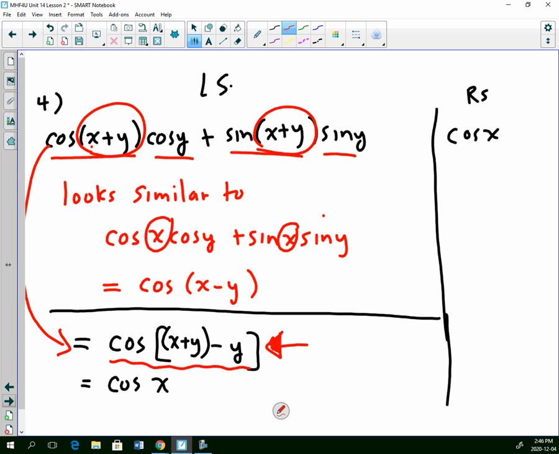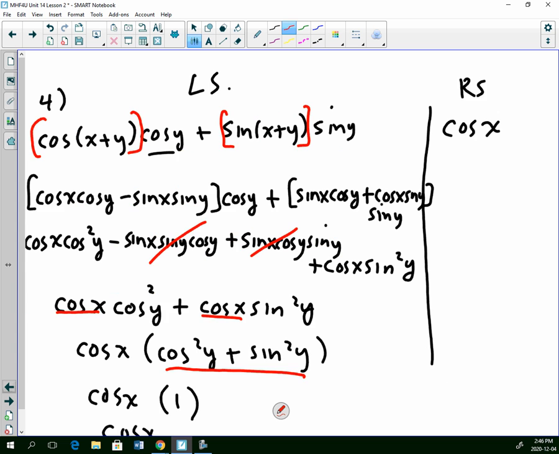Okay? So remember I said that you need to try and make clear the steps that you're doing. So to show me that you are using the compound angle formula, include this step, cosine of (x plus y minus y), so I know that's what you're doing. Okay? Or you can do it the long way, which is fine too, right? So the long way is expand it, collect like terms, and then go from there.